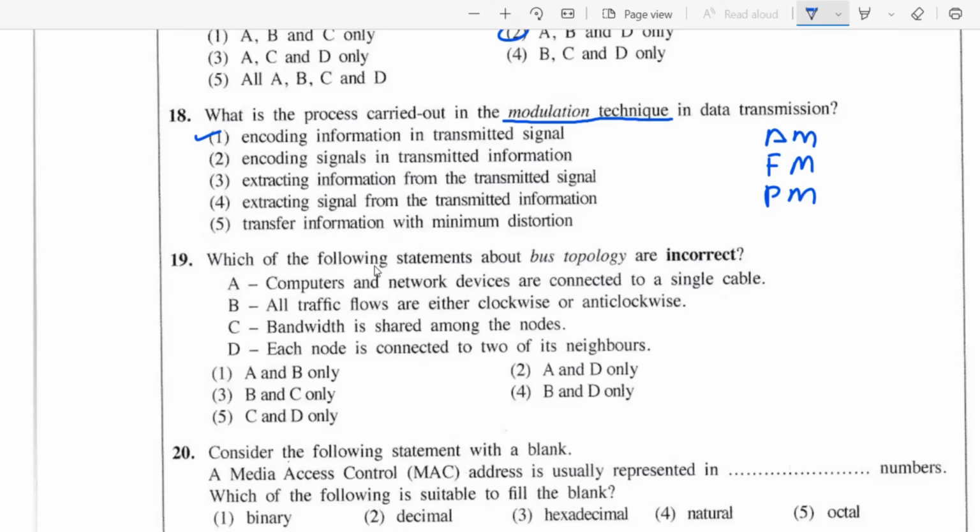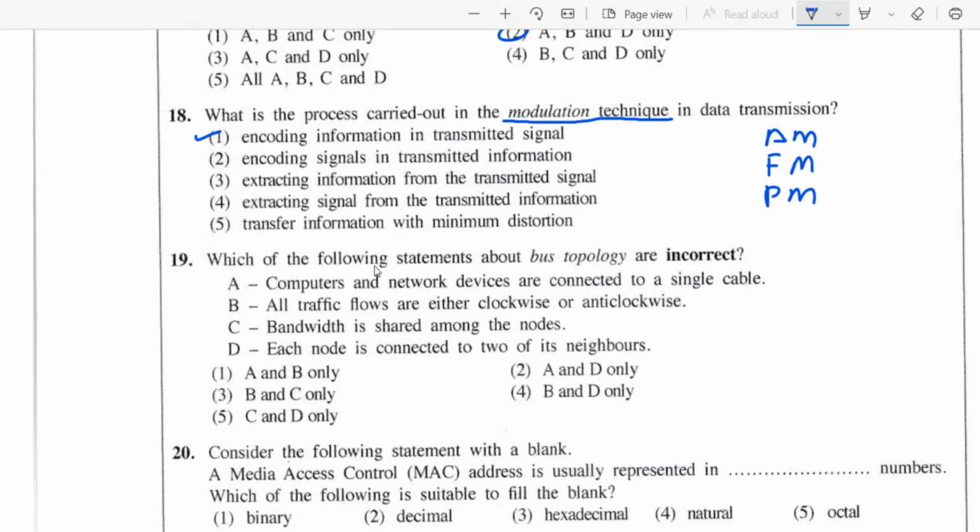Extracting information from the transmitted signal means decoding, or demodulation. Here the question is about modulation. Extracting signal from transmission, no. Transfer information with minimum distortion, no. Distortion means another disturbance, another kind of noise. So here it's about modulation, not about noise occurrences. So number 1 is the answer for question number 18.